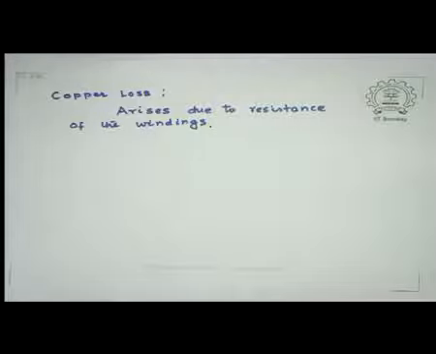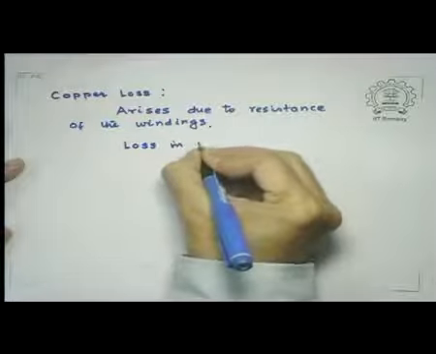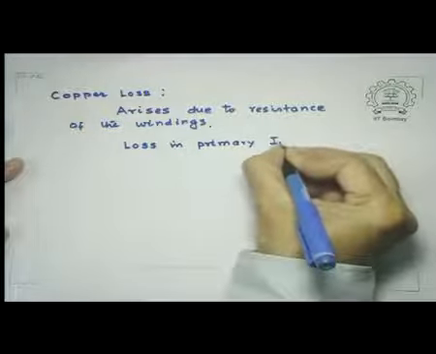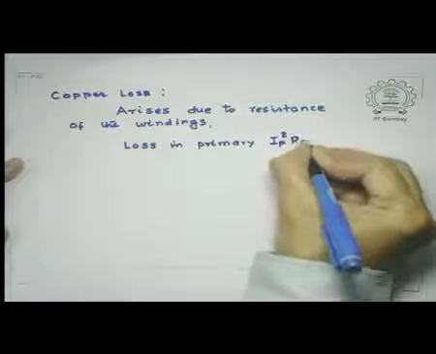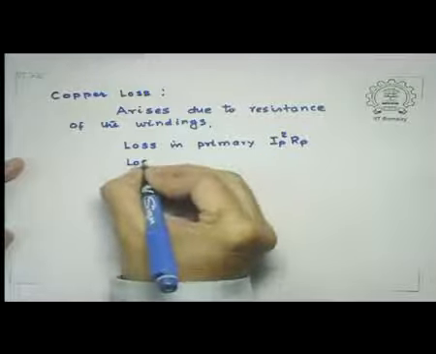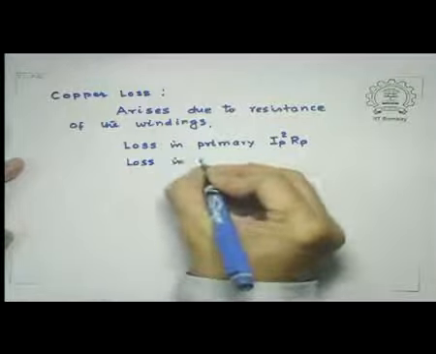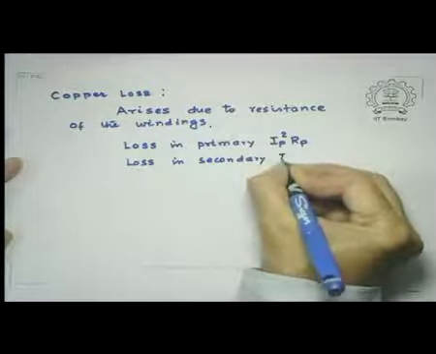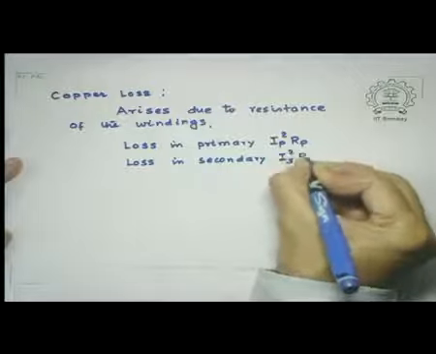So you notice that if the primary current is IP and the resistance of the primary windings is RP, then my loss in primary is IP square RP, and likewise the loss in secondary is IS square RS.